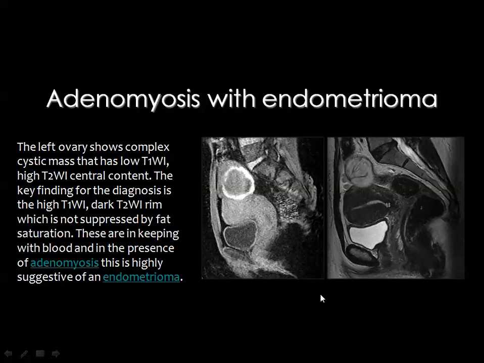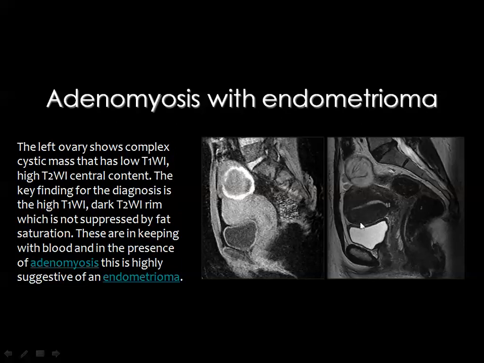Also, one of the signs that can help you to suspect the possibility of an endometrioma is the concomitant presence of uterine adenomyosis. And this is a very thickened myometrium with loss of the definition of the junction zone, as I have mentioned before.